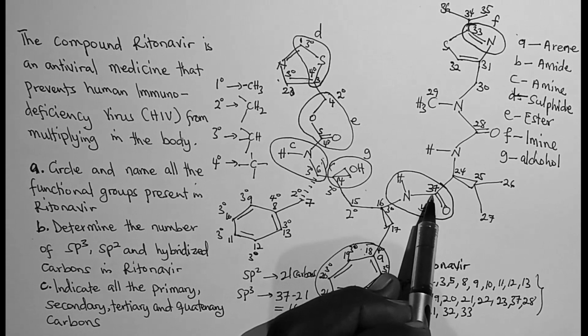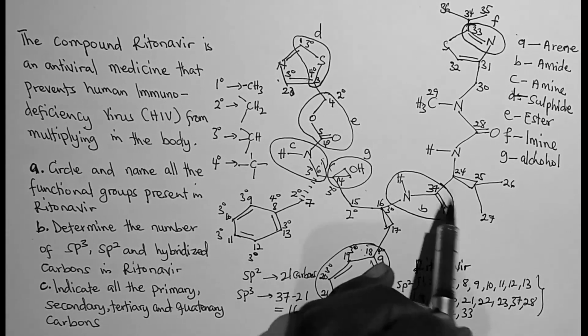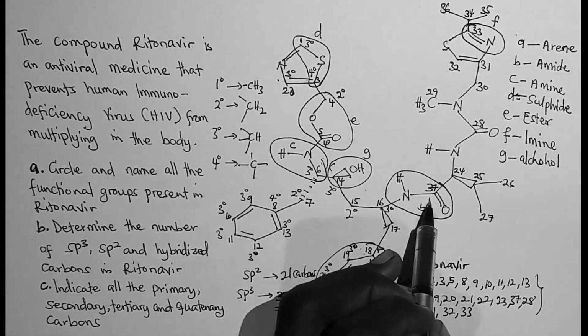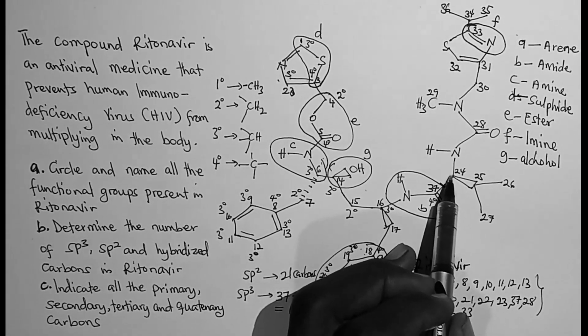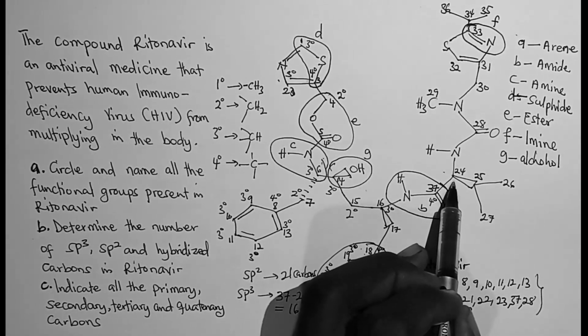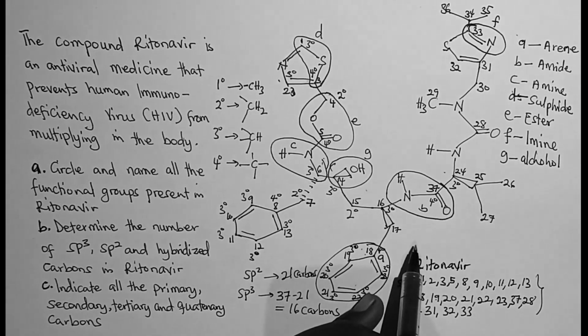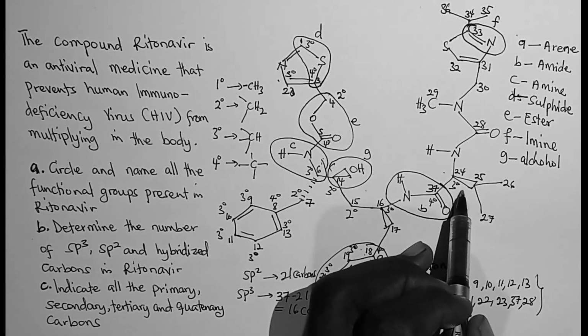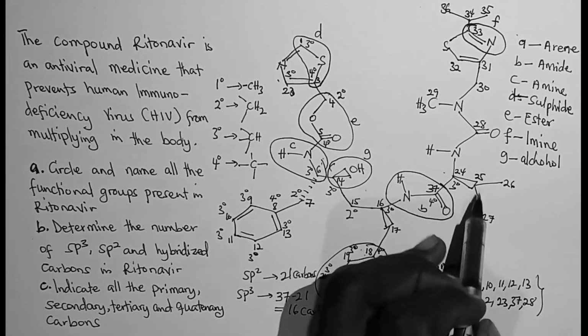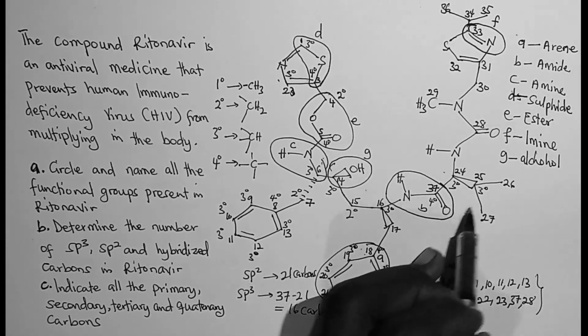Then we come to carbon 37. 37 has got no proton on it, so it's a quaternary carbon. Then 24 has one proton on it, so it is a tertiary carbon. Carbon 25 also has one proton on it, and therefore it is also a tertiary carbon.